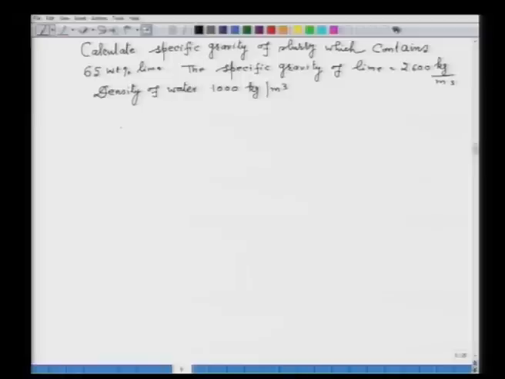So, I just put it here, the formula is there. 65 is equal to 100 into 2600 into rho m minus 1000 upon rho m into 2600 minus 1000.